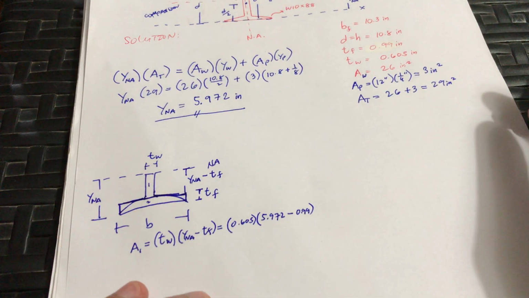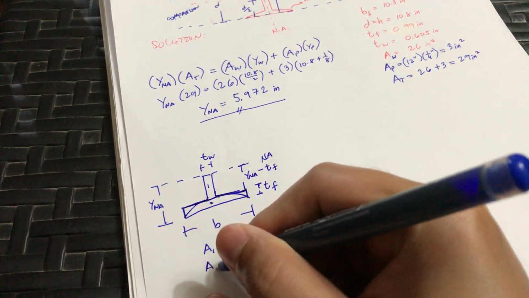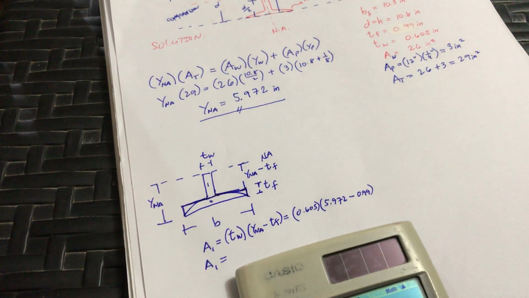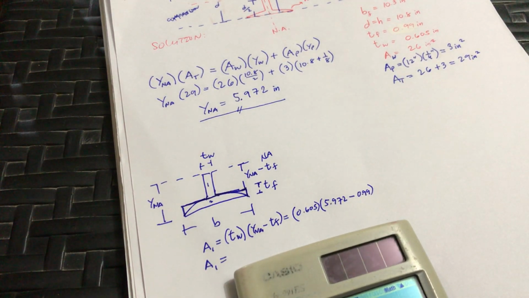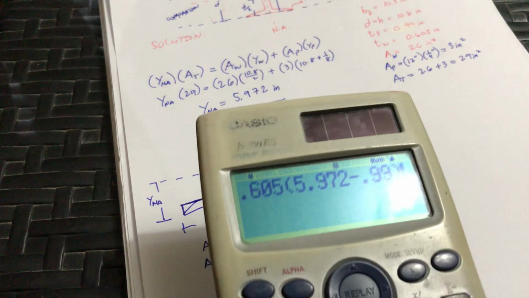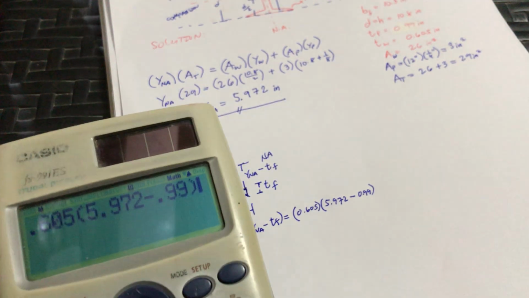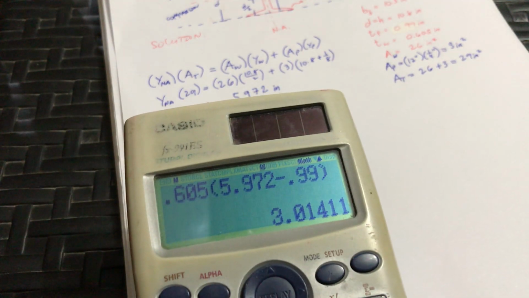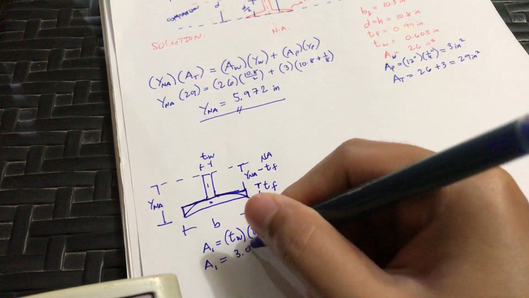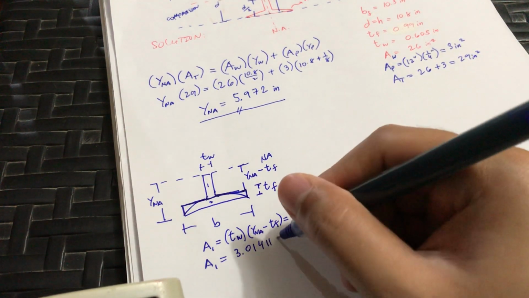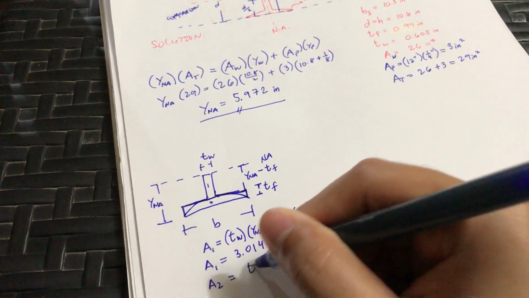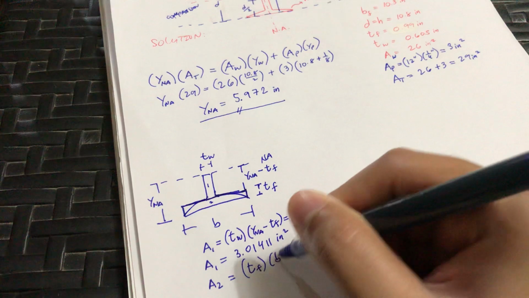Solving it, we have area 1 equals 0.605 times 5.972 minus 0.99, which is 0.605 times 4.982. This is 3.01411 inches squared.